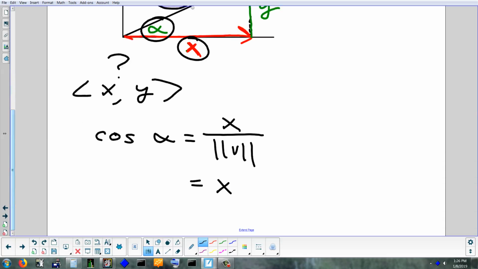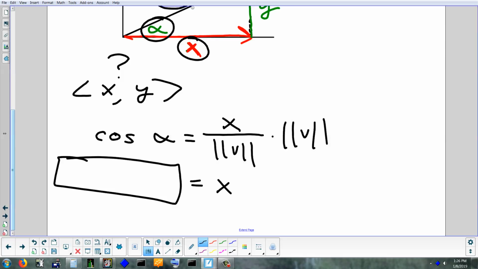Now, how would I move the magnitude of v to the other side and get x by itself? Just multiply by the magnitude of v on both sides. Yeah. Multiply by the magnitude of v.